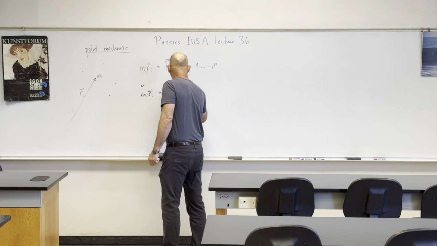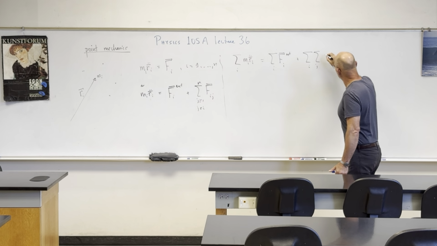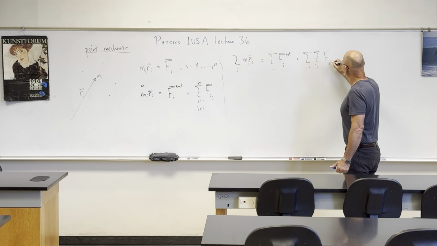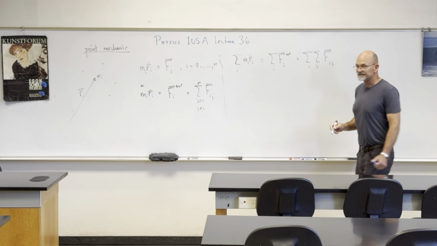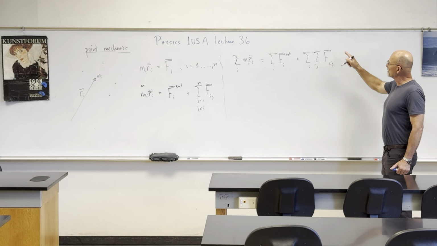Sum over all of the external forces, and now we have a double sum over i, j of f sub ij. And I'm going to have explicit examples of this in a moment. But first we'll just go through the calculation we had before.